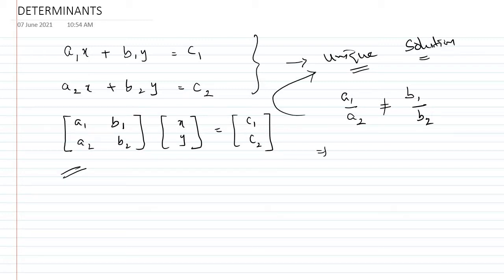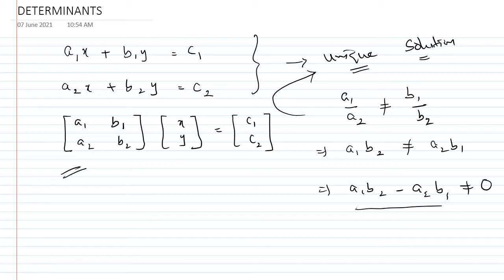From this, if we cross multiply, a1 b2 is not equal to a2 b1. That implies a1 b2 minus a2 b1 is not equal to 0. When this value is not equal to 0, then we'll say that the pair of linear equations has a unique solution.